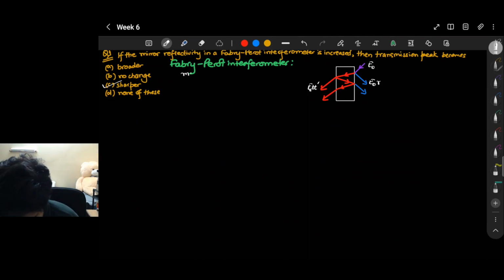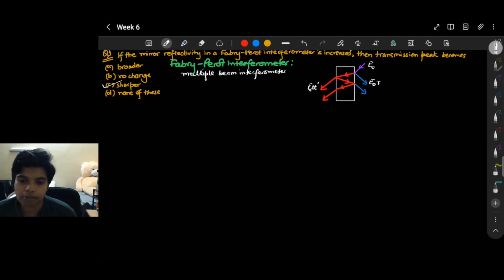So Fabry-Perot is basically a multiple beam interferometer. Why multiple beams? Because all these many beams, reflection and transmission rays, will be clubbed together and interfere. So let me call this medium 1, this is medium 2, and this is back again medium 1. This material is kept in such a way that the medium on the left and right are the same.